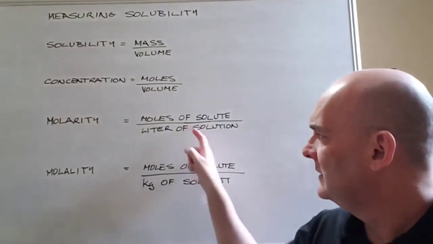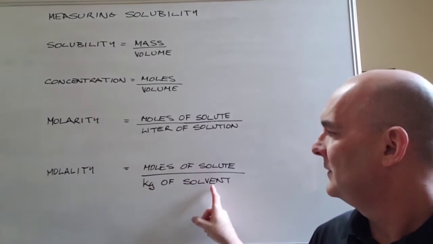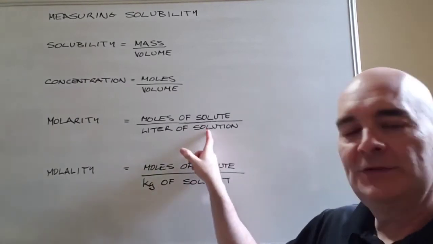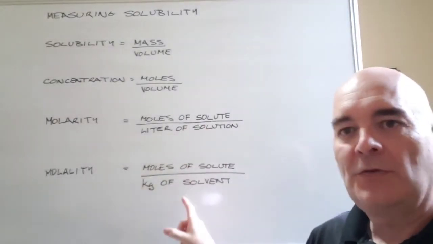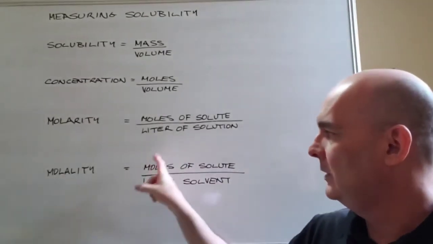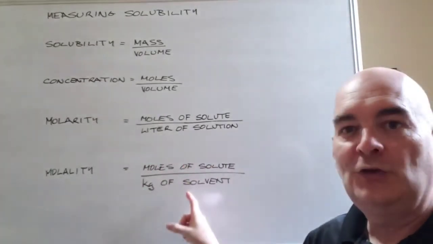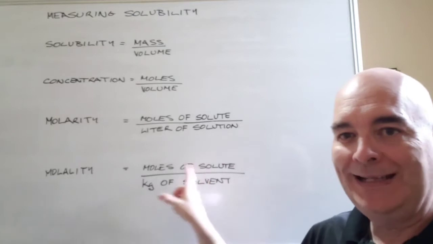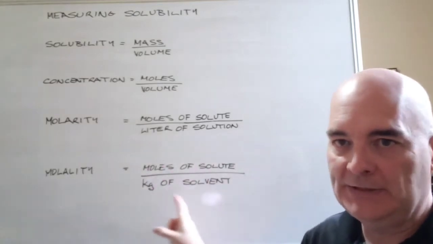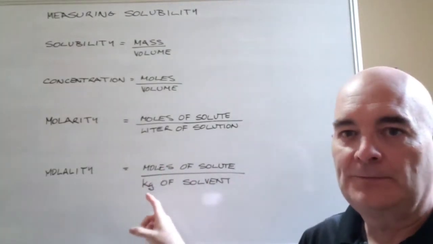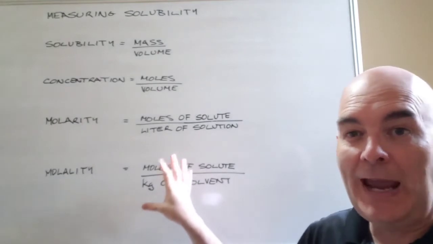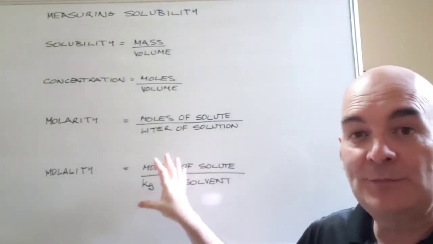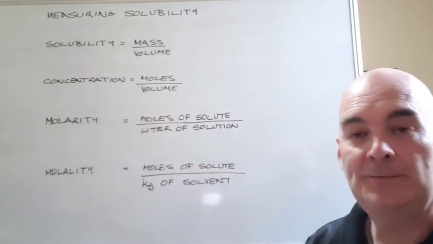So you might think that these two are the same, but this one says solvent and that one says solution. You take a mole of your solute and you add it to an existing kilogram or liter of the solvent. So this solution actually occupies more volume than that one does.